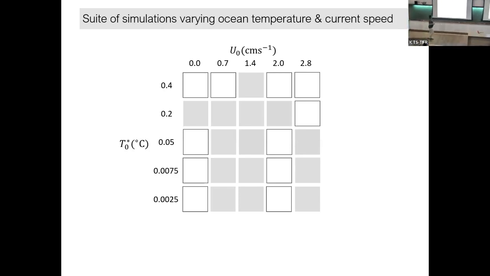Now we look at the regimes. This is my energetic axis and this is T star, which is the thermal forcing, correct? This thermal forcing also embeds the salinity forcing. By embedded I mean this thermal forcing is the background temperature minus the freezing temperature at the background salinity.